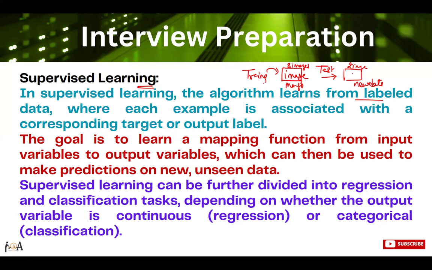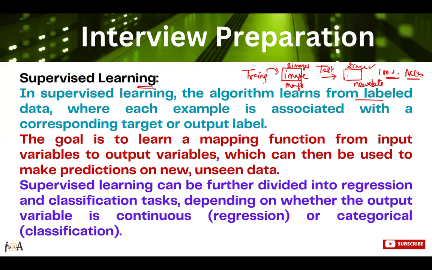I am going to verify how many of these two images were correctly answered by the algorithm. If it is mango, the algorithm also says mango. If it is a picture of apple, the algorithm also says apple. It means that 100% accuracy is there, right?